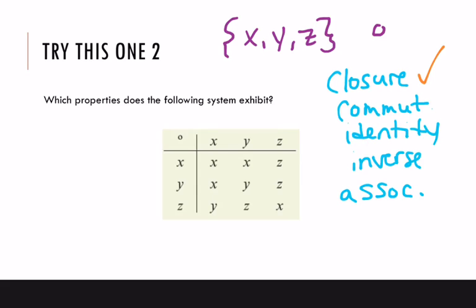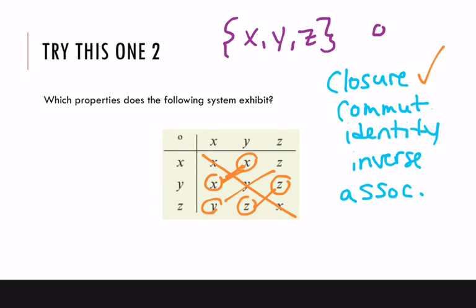Okay, commutative. Find the diagonal, and then look at things on either side and see if they match. And they do. Oh, just kidding. No, they don't. Okay, some of them do. These are both x's. So y circle x is the same as x circle y. Okay, and z circle y is the same as y circle z.